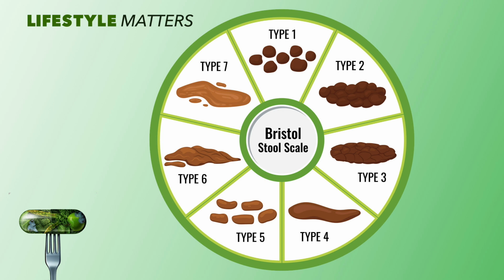Now, as embarrassing as it is to discuss this, it's really important to understand your stool, because remember the diagnosis of IBS in part depends on a change in the consistency of your stool. And if you don't understand what your consistency is, how can you make a diagnosis of IBS?